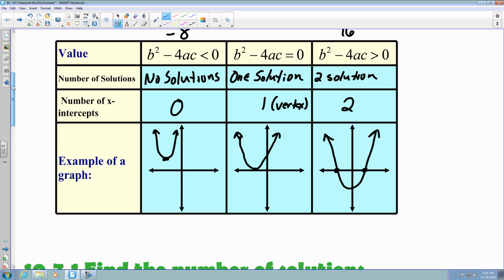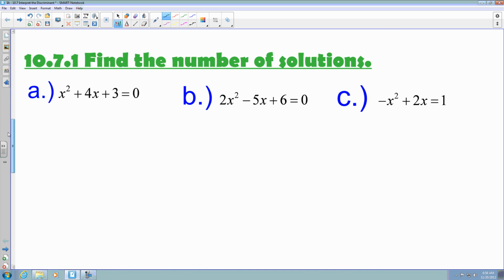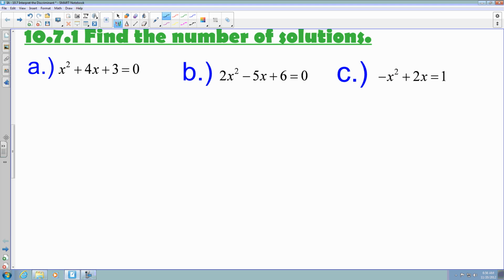So for this section, all they want you to do is use the discriminant to find how many solutions there are for each equation. So let's look at these examples. If I look at example A, the first thing I need to do is solve for the discriminant.